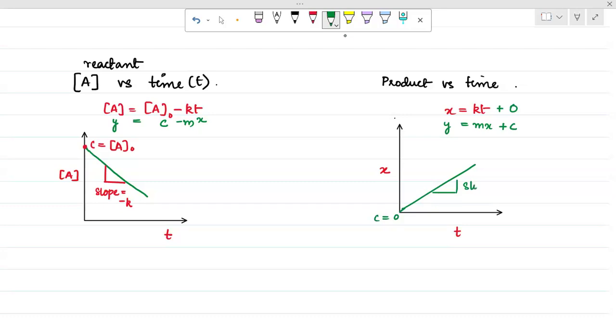And the slope of this graph is going to be K. All right. So this is the integrated rate equation with respect to the reactant, A is equal to A naught minus KT. And this is with respect to the product, X is equal to KT.